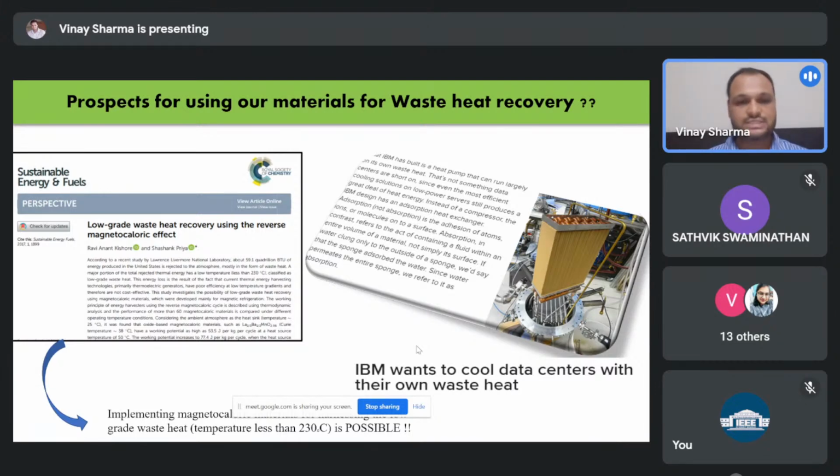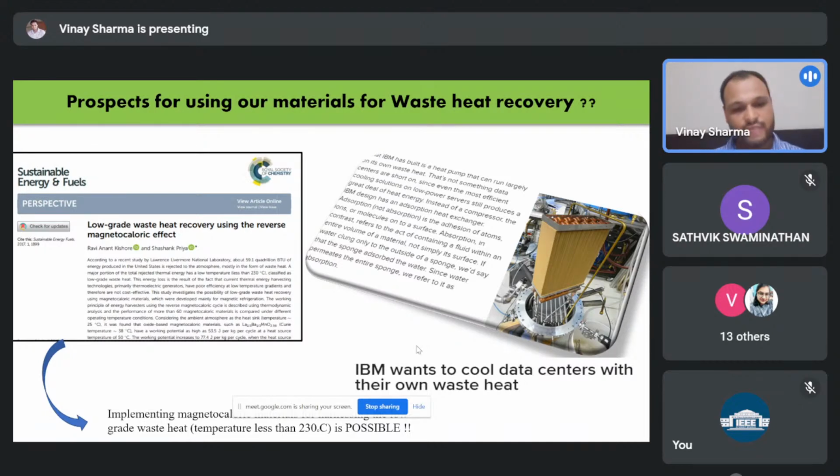Currently it's in prototype stage, because as I told you, the biggest challenge is the magnetic fluid, the magneto nanofluid stability. But there is considerable success in that right now. And the target set by magnetocaloric researchers around the world is that by 2030 they will be able to cool down data centers or devices using magnetocaloric technology.